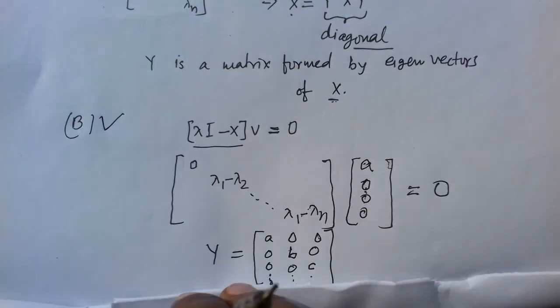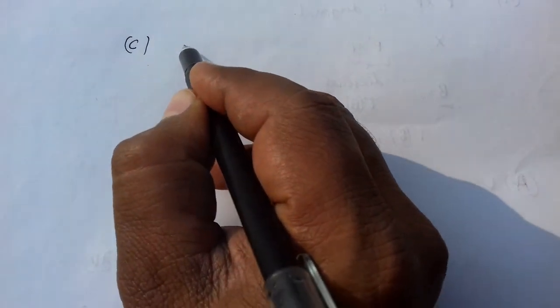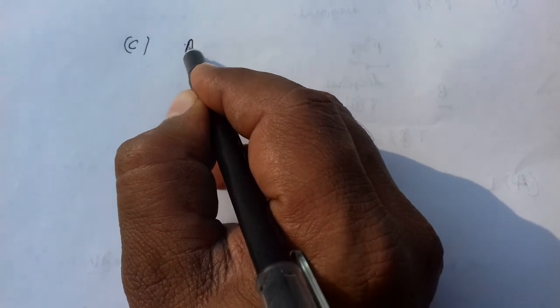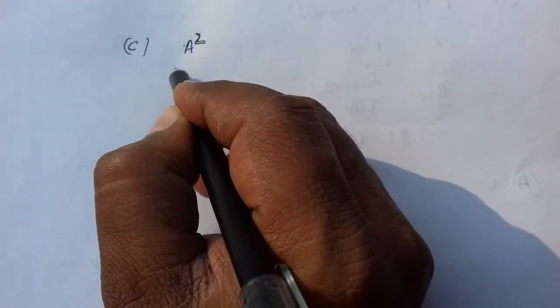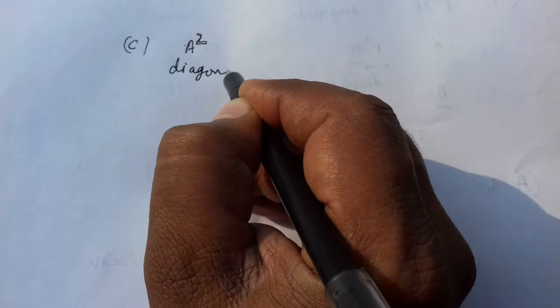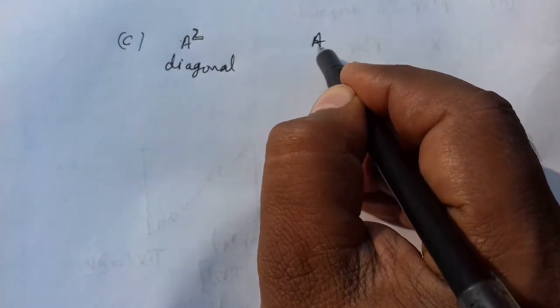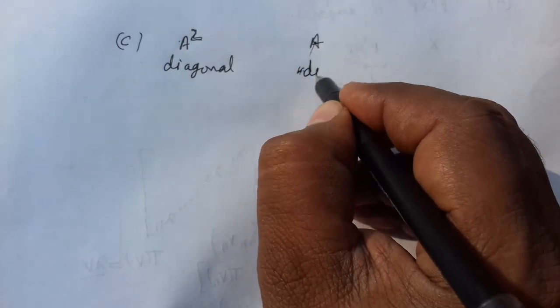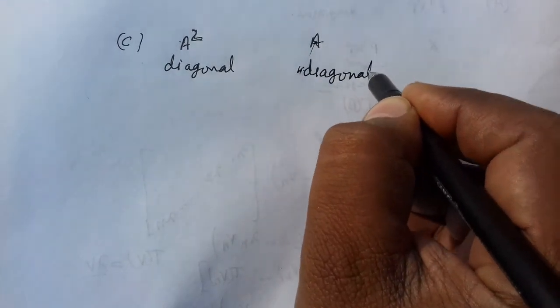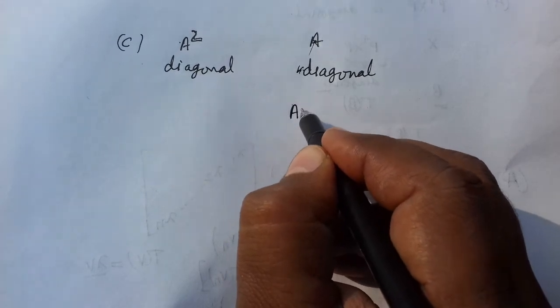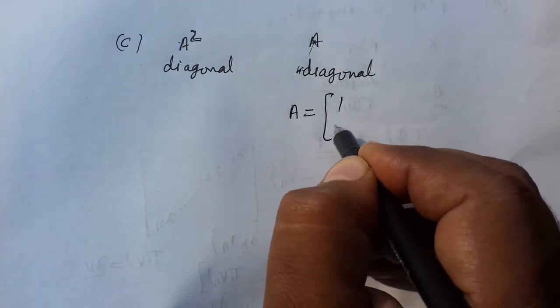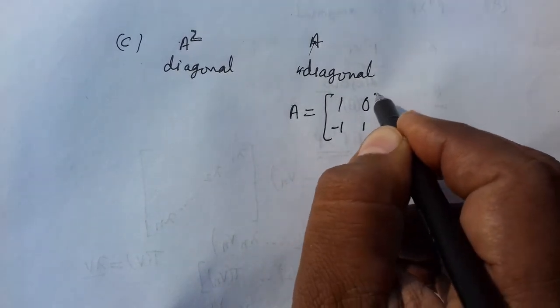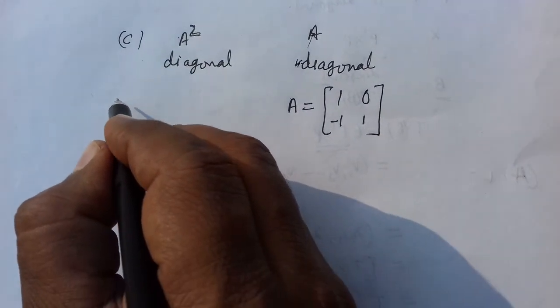Now we go for option C. In option C you see that if A square is diagonal, then A is also diagonal. Suppose for example A is the matrix with rows 1, minus 1 and 0, 1, and find its square.